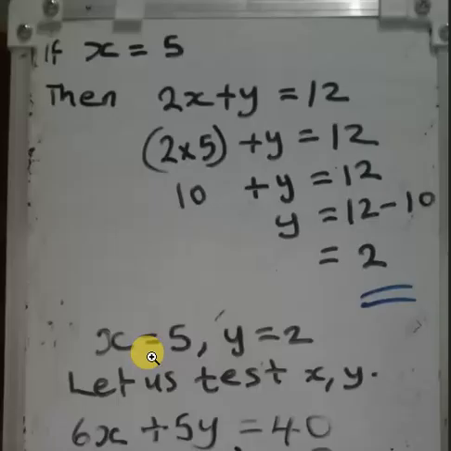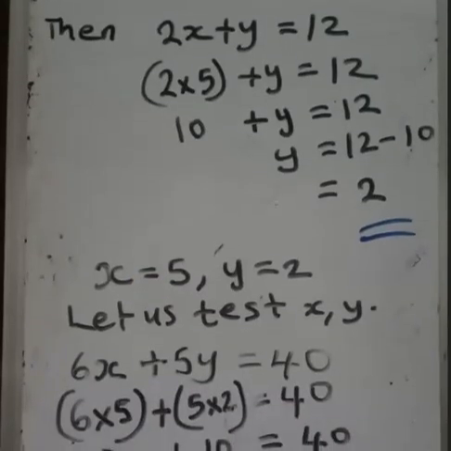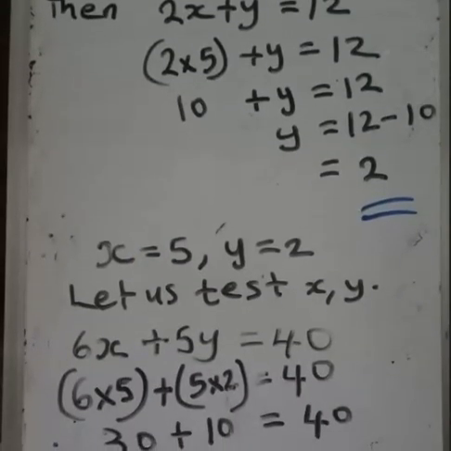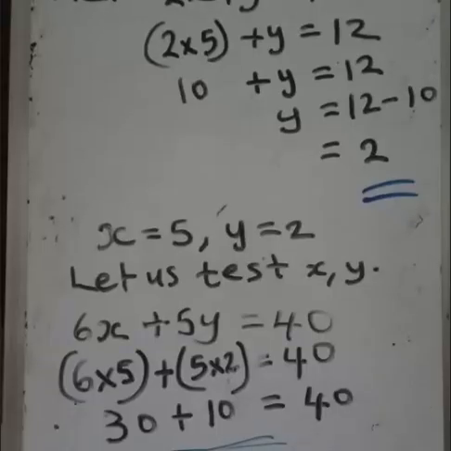Now let us test if these two answers for x and y are correct. So let's pick either of the equations, either equation A or B. So we pick this one.